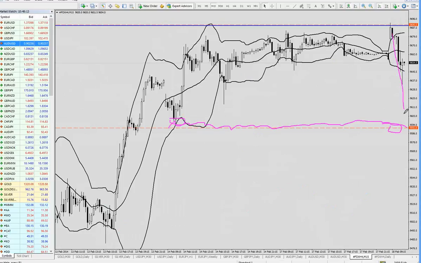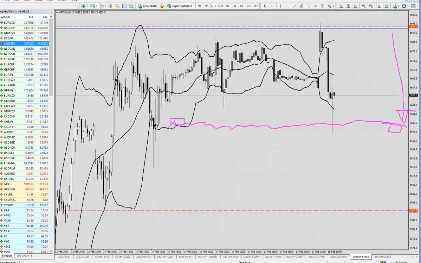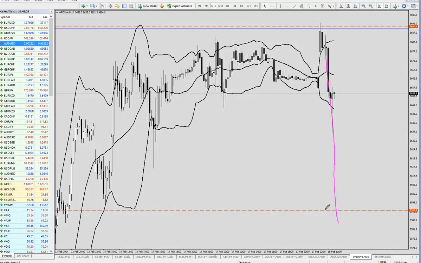If we are going to go down straight like this, most probably we are going to clean those stops here, some turnaround, and go back towards some selling area here.